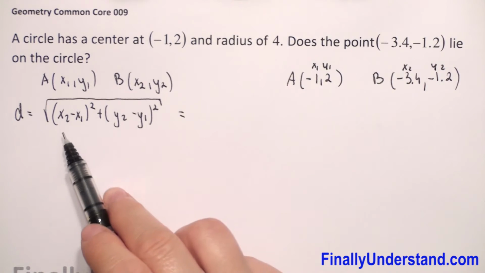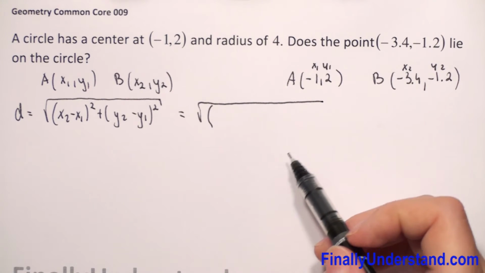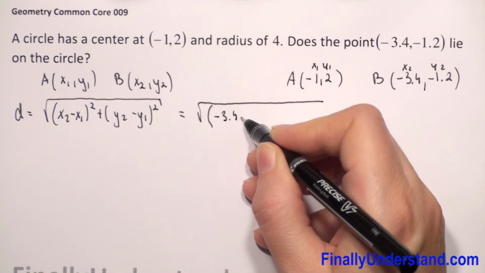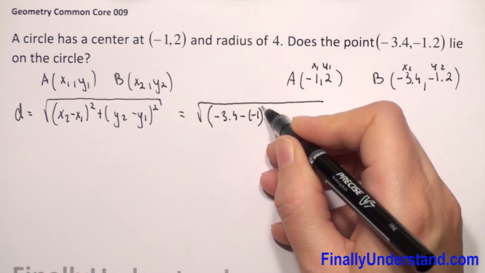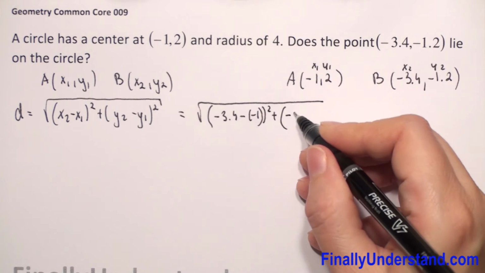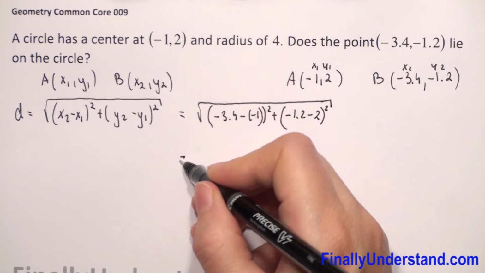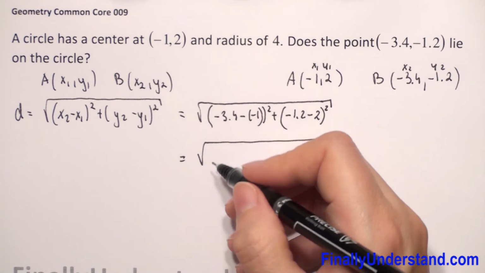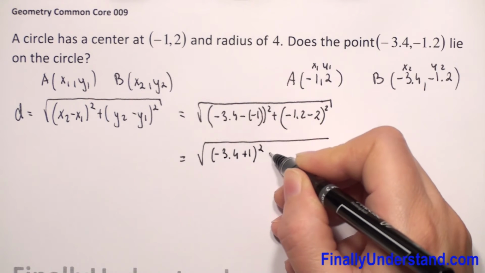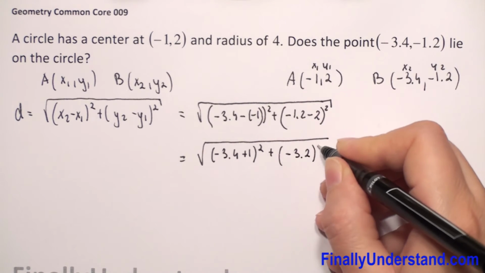We just substitute into our formula: square root, and in the first parenthesis we subtract x2 minus x1, so -3.4 minus -1 to the second power, plus, and now we subtract the y coordinates, -1.2 minus 2 to the second power. So this is equal to the square root of -3.4, negative and negative, so it will be plus 1, to the second power, plus -1.2 minus 2, so it will be -3.2 to the second power.